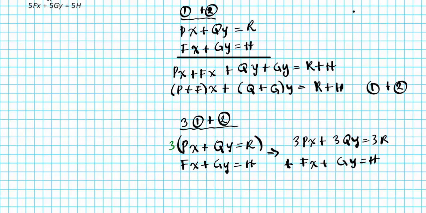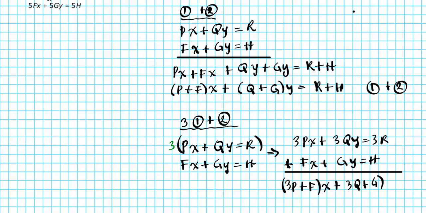So you're supposed to add triple 1 to equation 2. When we add it, just to save space, I'm going to do some work in my head. 3P plus F, both of them have x's, so let's just factor out the x's while we're at it. And then in the other case here, we have 3Q plus G.